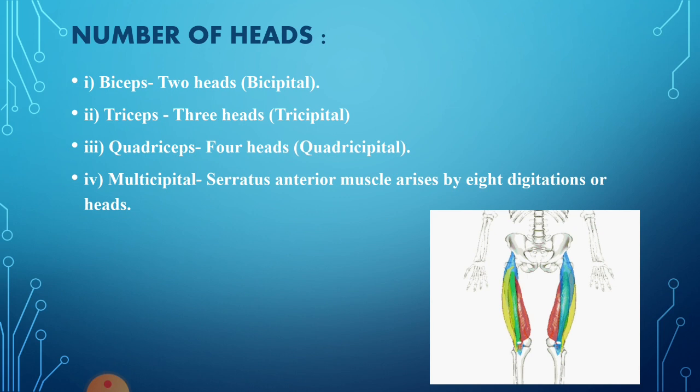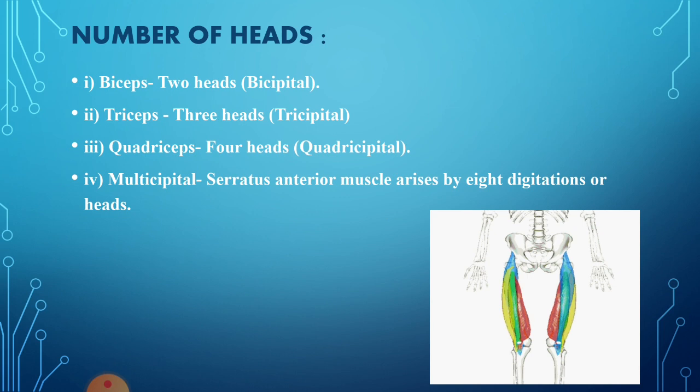Triceps muscle, this muscle would have three heads, and triceps brachii was the muscle of your posterior compartment of the arm, and we studied that the triceps brachii muscle basically has antagonist properties, and that was causing the extension at your elbow joint.